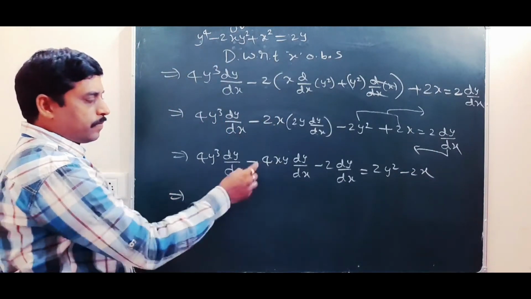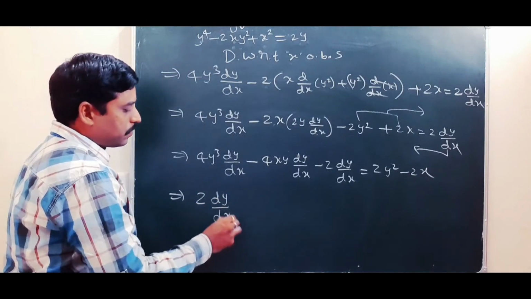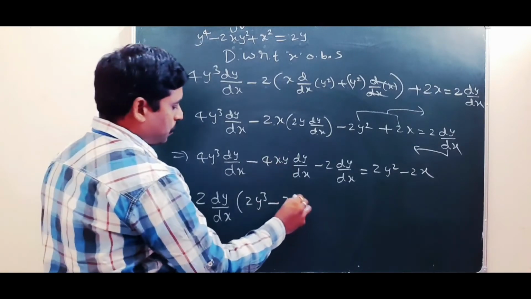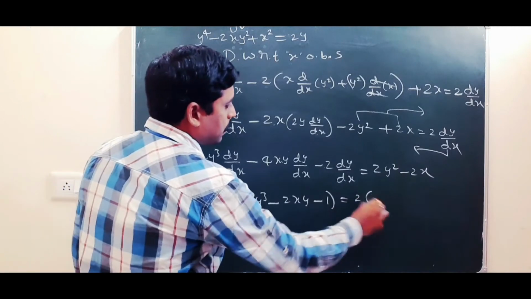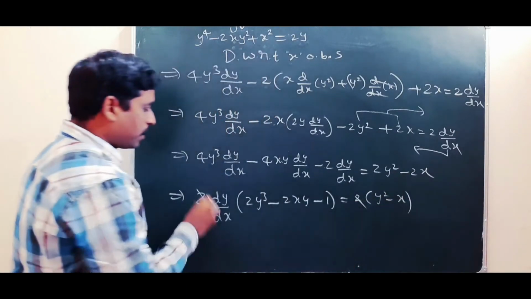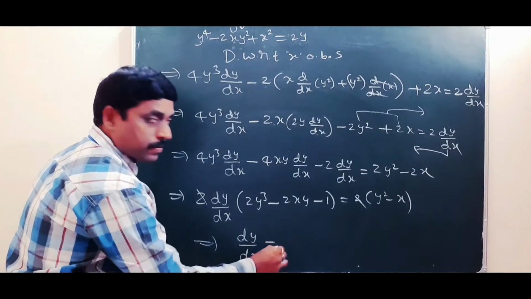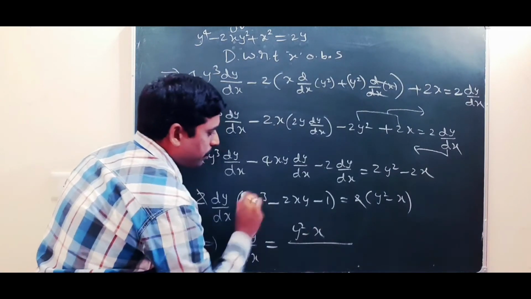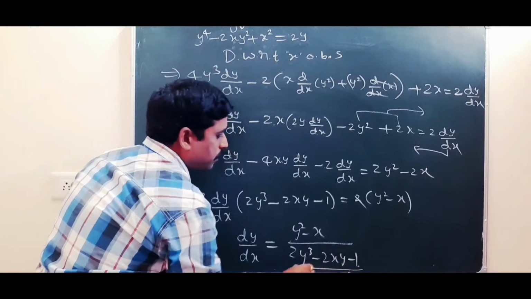On the left side, 2 dy by dx taken out common. This value will be 2y cube minus 2xy minus 1 is equal to, on the right side 2 taken out common. Both sides 2 get cancelled. Therefore dy by dx is equal to y square minus x by 2y cube minus 2xy minus 1. This is the answer.